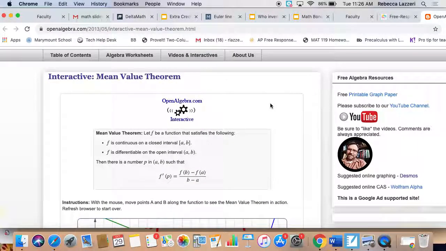Here you go. If f is continuous on the closed interval, it has to be continuous even at the end points. Continuous on the closed interval and differentiable on the open interval, then there is some number between a and b such that the instant rate of change equals the average rate of change.